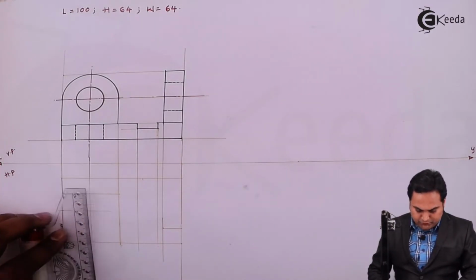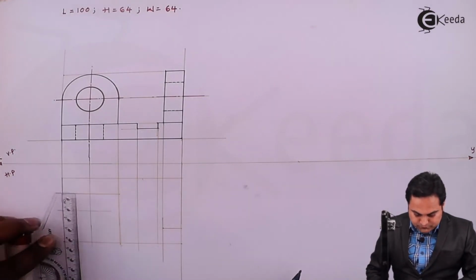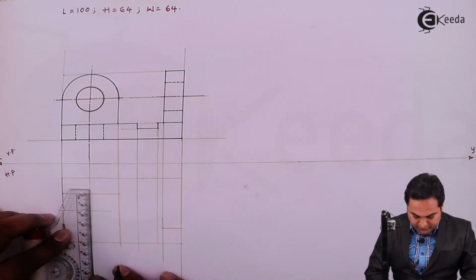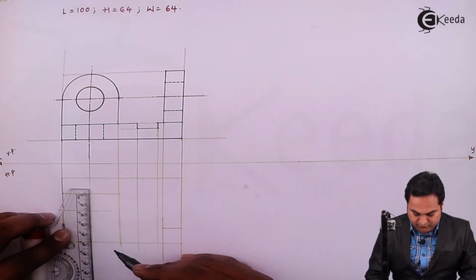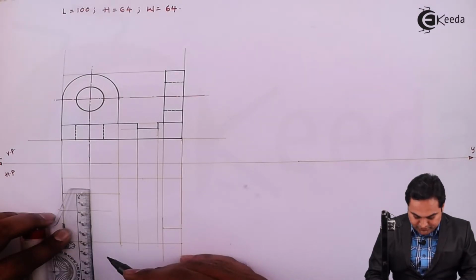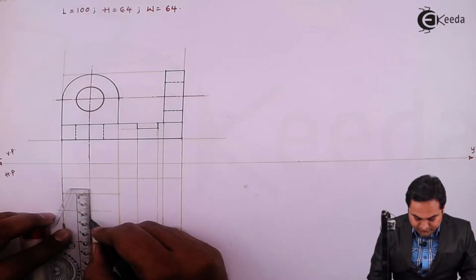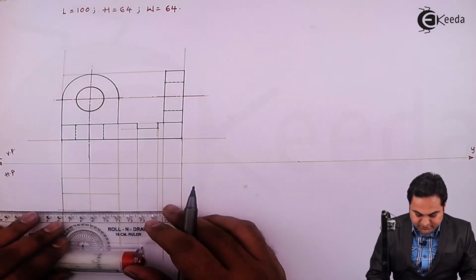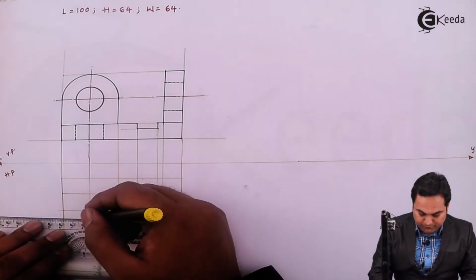Or in other words, what we can do here is, this is 49, which is the remaining portion after this 15 mm. So I'll take half of that, half of 49, which will be the center, 24.5. Now this I'll locate as the center because the distances are not mentioned clearly in the problem.